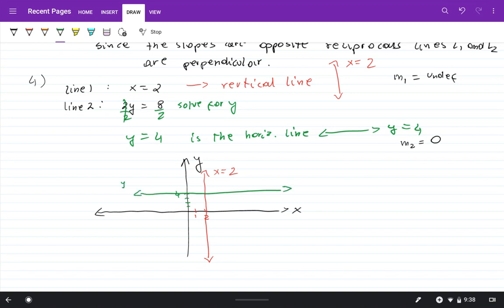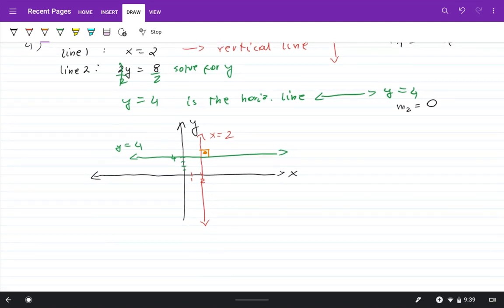And like you see, this is y equals 4. Vertical and horizontal lines will always intersect at a 90-degree angle, which means those two lines are perpendicular to each other. We cannot really define that by slope because that's a different type of problem.